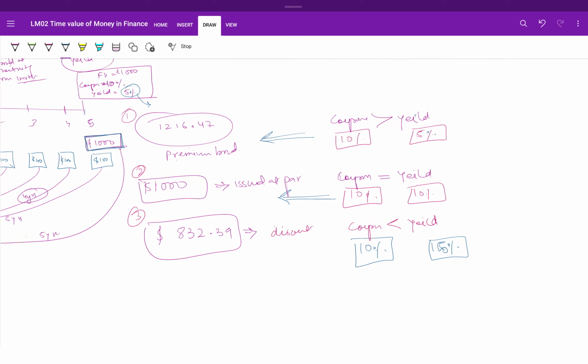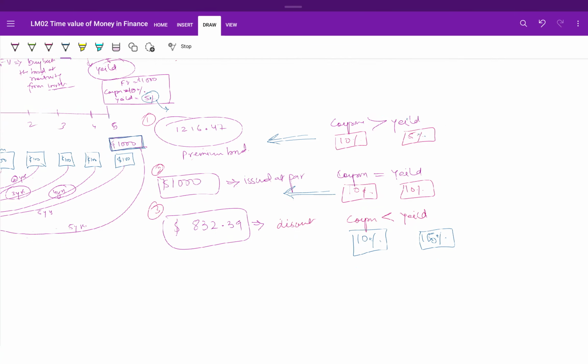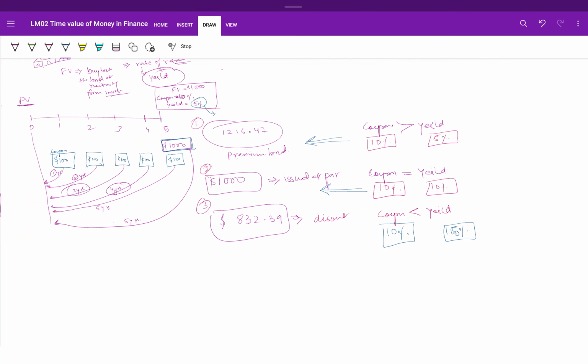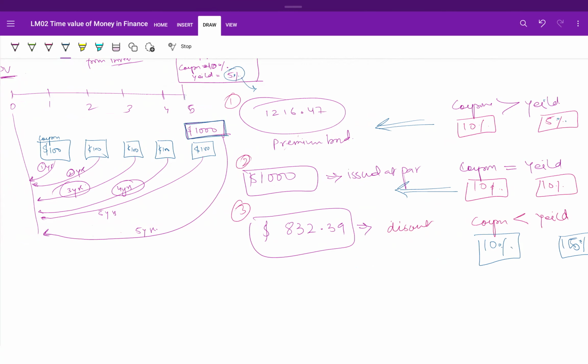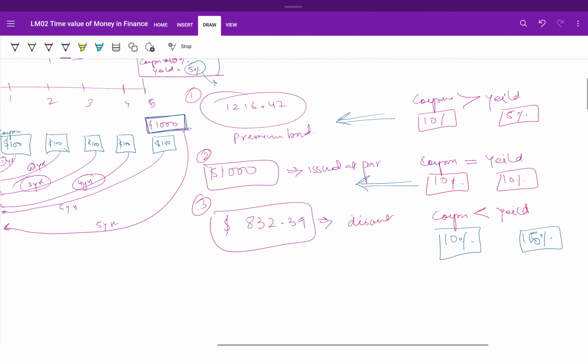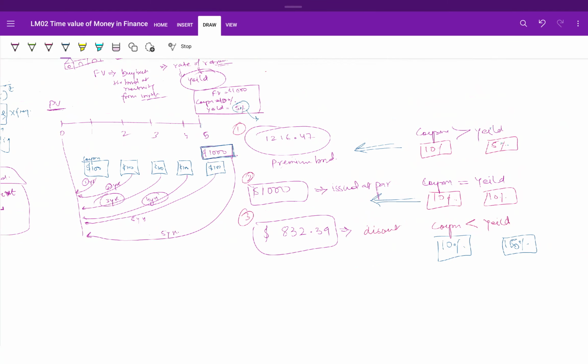This means that, given that I will be getting $100 coupon payments and $1,000 at the end of the tenure, I am only willing to pay $1,000 for the specific bond if the yield is 10%. When the yield increases, the value of the bond falls, the present value of the bond falls. I hope you have understood the overview here.